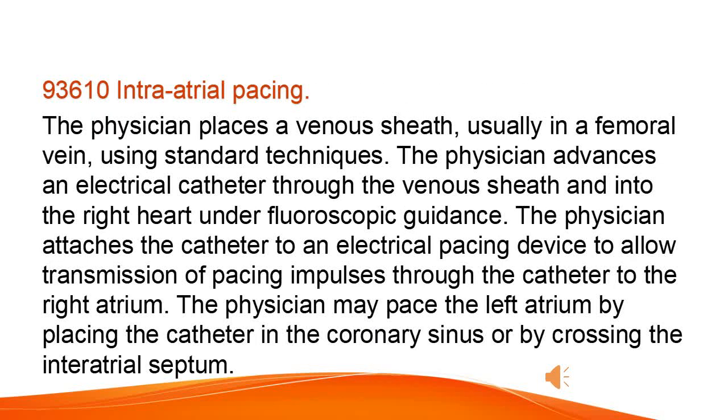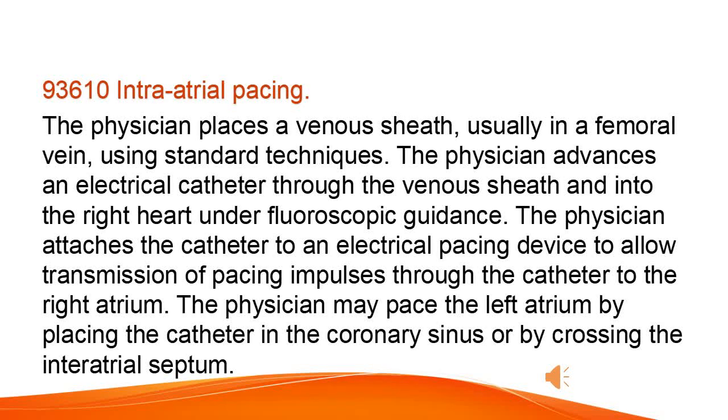Interatrial pacing. The physician places a venous sheath, usually in a femoral vein, using standard techniques. The physician advances an electrical catheter through the venous sheath and into the right heart under fluoroscopic guidance. The physician attaches the catheter to an electrical pacing device to allow transmission of pacing impulses through the catheter to the right atrium.